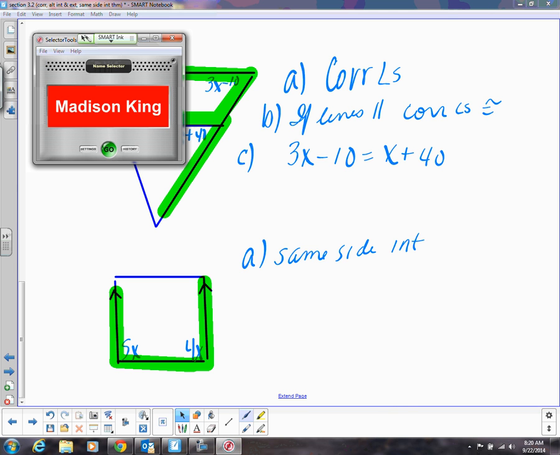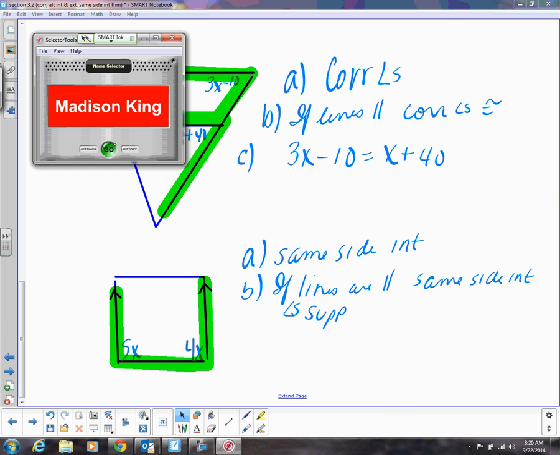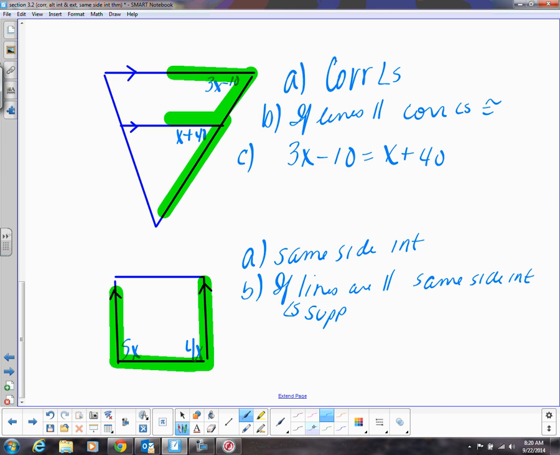And if they are same side interior angles, then the relationship is what, Madison? Lines are parallel, same side interior angles are supplementary. Based on this statement, it tells you how to write your equation. Your equation, Eric, is going to be what?